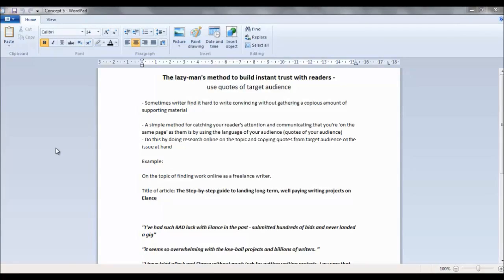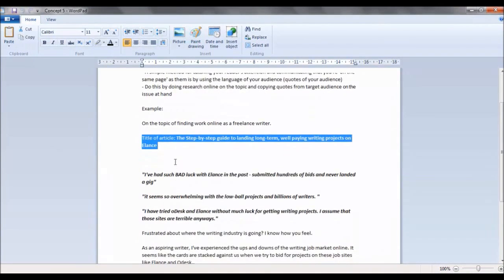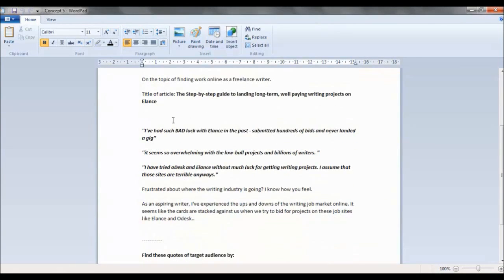So, an example here on the topic of finding work online as a freelance writer. I love to pick these really interesting examples. So, the title of the article, let's pretend here, will be The Step by Step Guide to Landing Long Term, Well Paying Writing Projects on Elance. So, the article can start off like this.